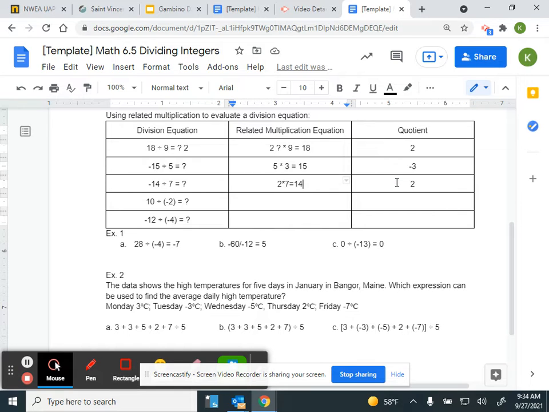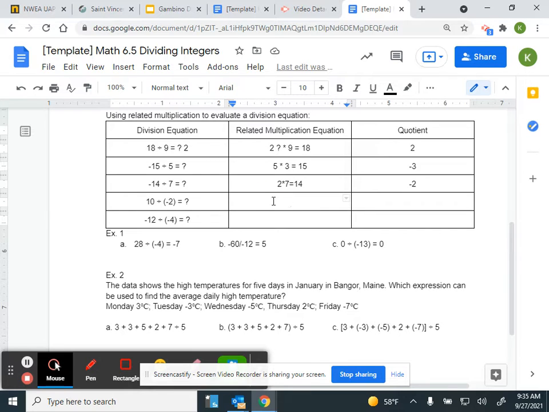Because it's negative 14. Say that again one more time. Since it's negative 14, if it was negative 7, it wouldn't be negative. But since it's negative 14, it was. So if it's a positive 14 divided by a negative 7, what would our answer be? Still a negative. Yeah, because we have different signs. One is a negative and one is a positive, so our answer will be negative.